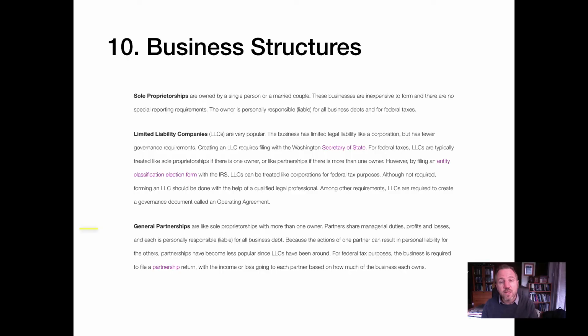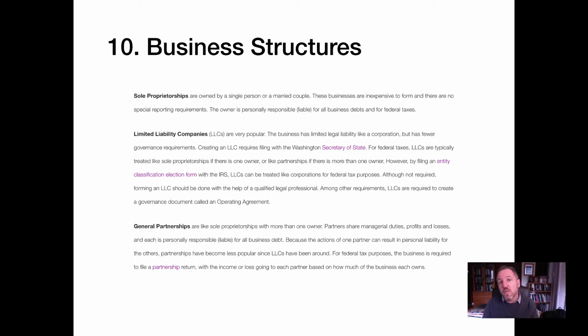The other business structures that are traditionally available are general partnerships, which are very much like sole proprietorships with more than one owner. Partners share managerial duties, profits, and losses equally. So when you have a general partner, each partner has equal control over the company, and each partner can encumber the rest of the partnership with debt or liabilities based upon the business decisions they make.